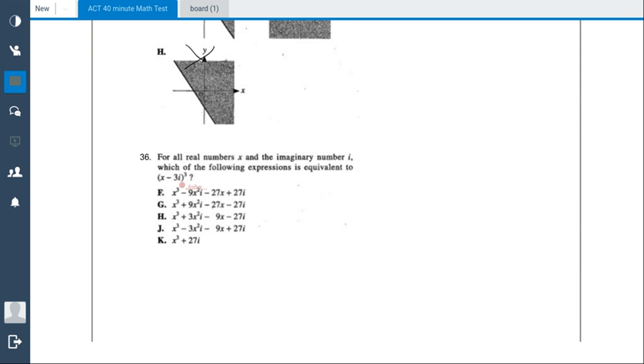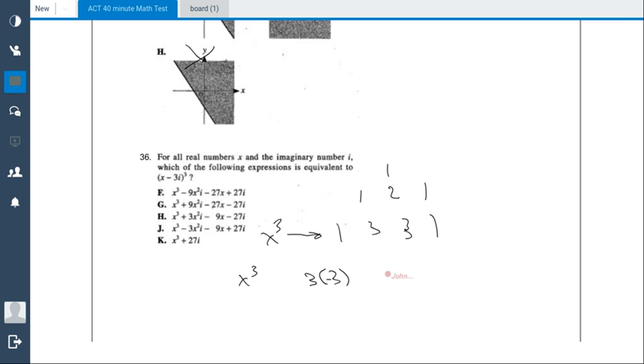For this question, I'm going to use Pascal's triangle. So this is for x cubed. And so those are my starting coefficients. So I have x cubed, I have 3 times 3, which is 9, that's negative 3.